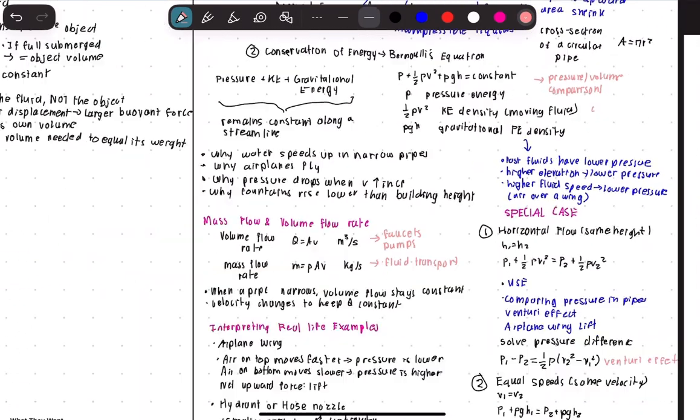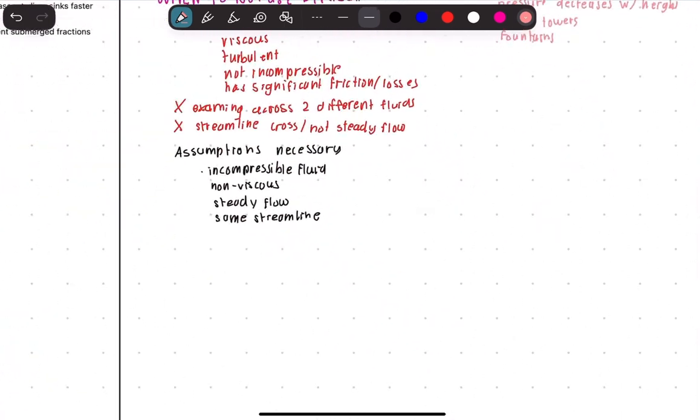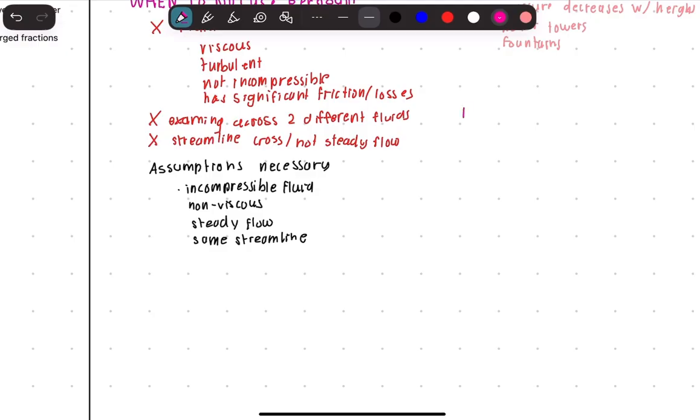Now, here are some principles that you just need to ingrain in your head. Otherwise, you're going to run into some problems. So some principles include continuity, which is that area increasing means that speed will decrease.